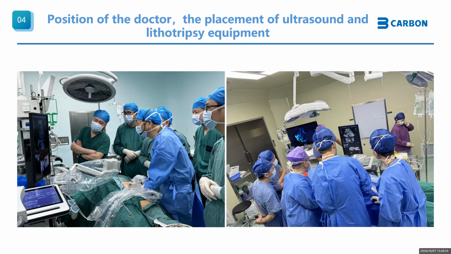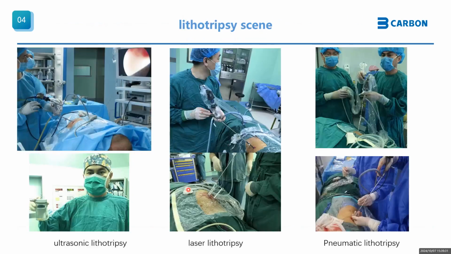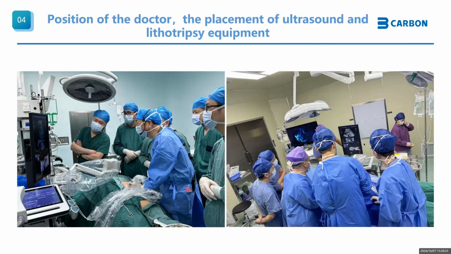For this patient, the left kidney PCNL, we put the device on the right side of the patient. For the right kidney, we put our device on the left side of the patient. Before the surgery, we have to put it in the right place.